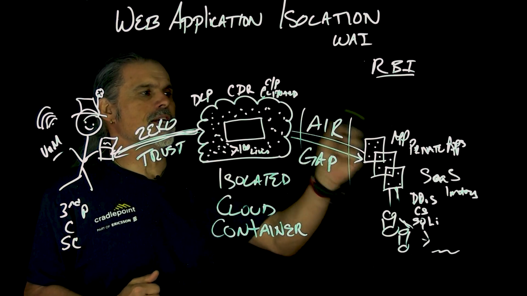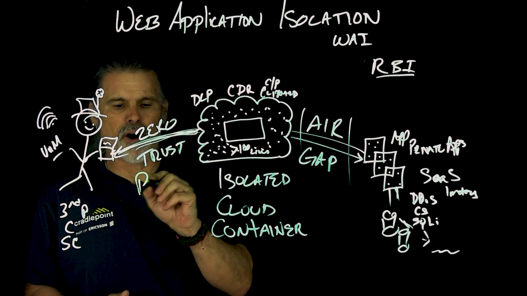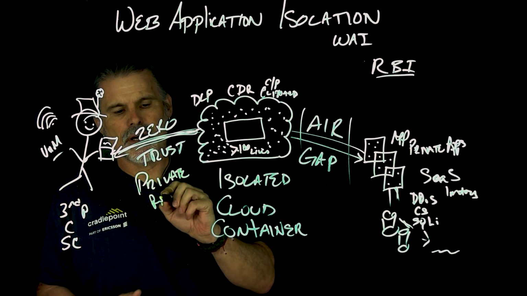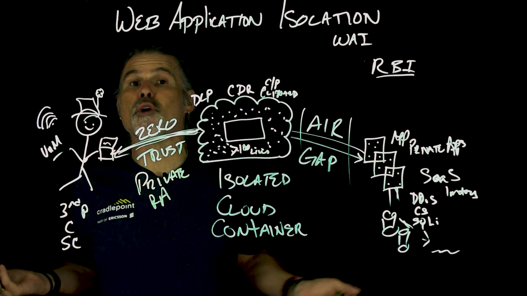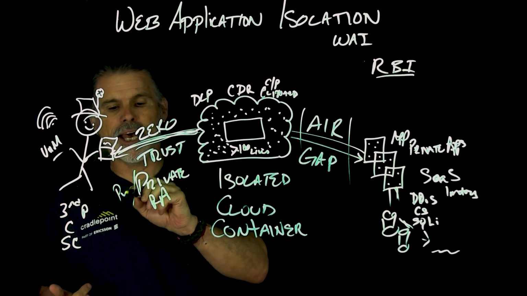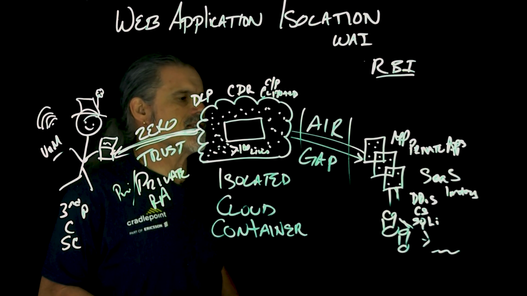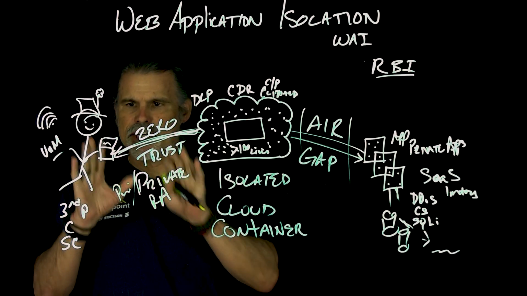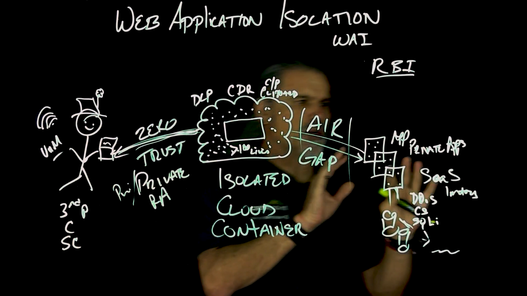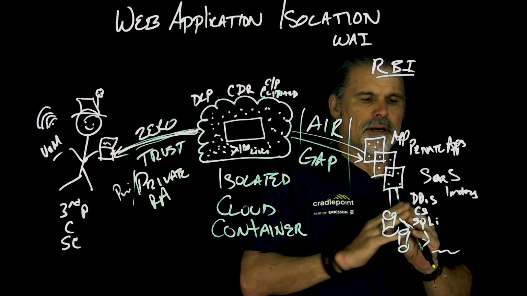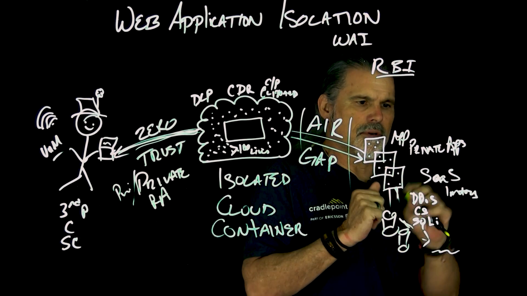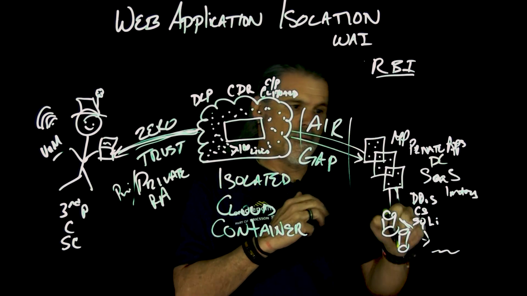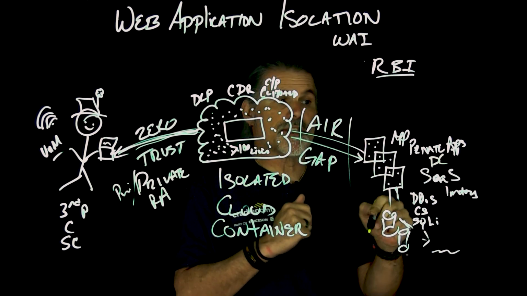One more thing, sorry. Oftentimes this might be called private remote access, privileged remote access, things like that. And so you're really just allowing access to one piece back here, whether it's data center, SaaS, cloud. Now, the application still functions as normal.